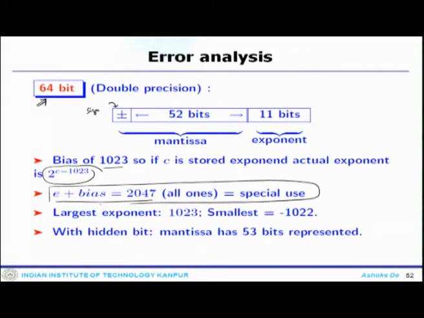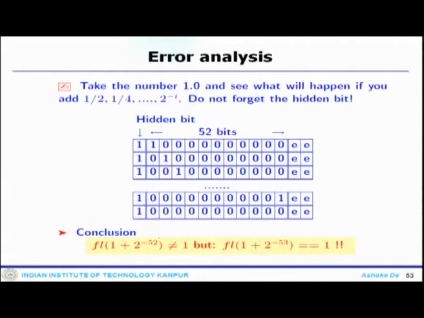So, the largest exponent possible is 1023, the smallest is minus 1022, and there is one hidden bit. So, the mantissa has 53 bits represented. This is how your machine understands all this information.